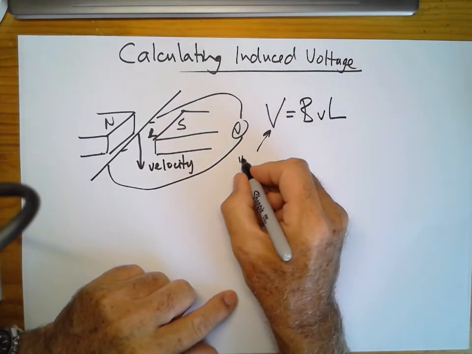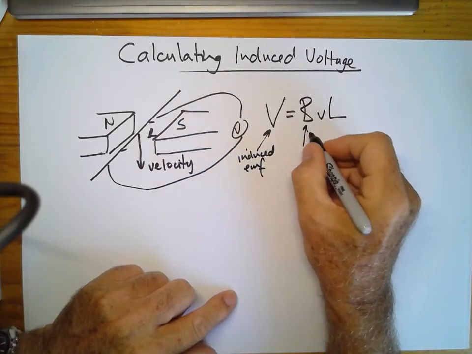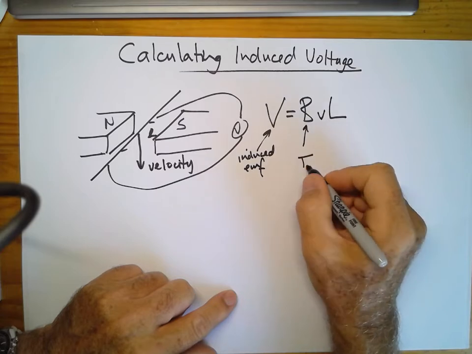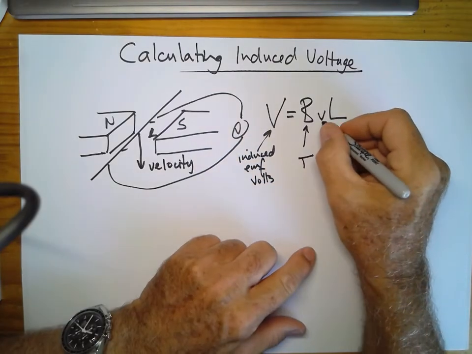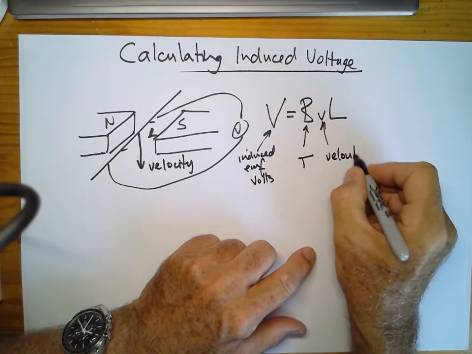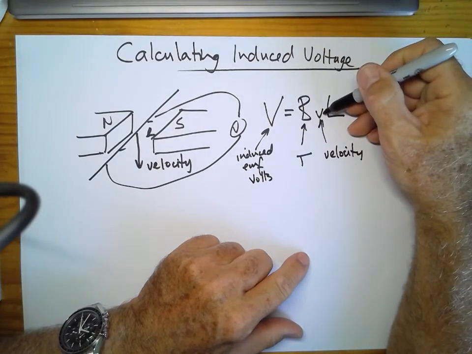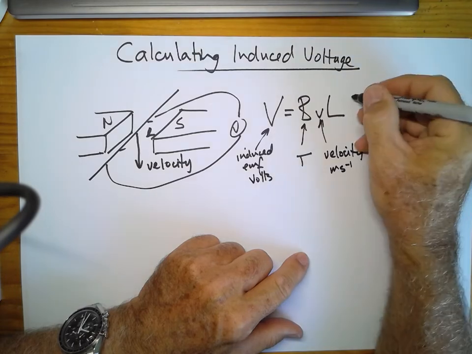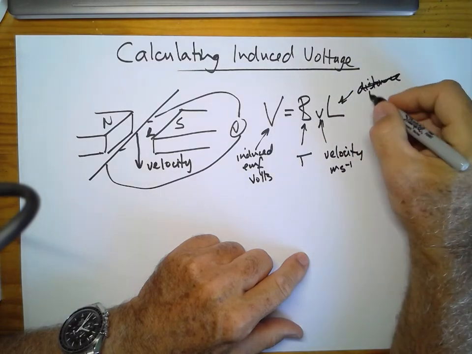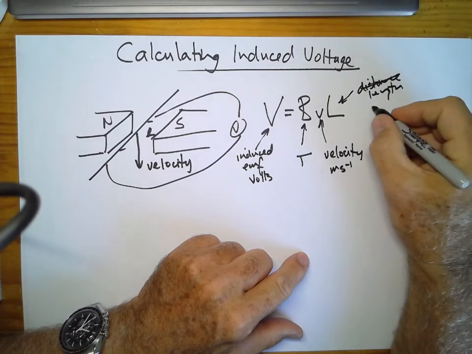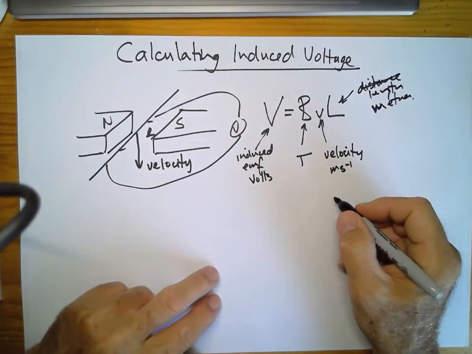The induced EMF, the induced voltage, is equal to the magnetic field strength in Tesla, times the velocity. We've got to keep our wits about us. The capital V is voltage, the small v is velocity in meters per second, and L is the length of the wire in meters. V is equal to BvL.